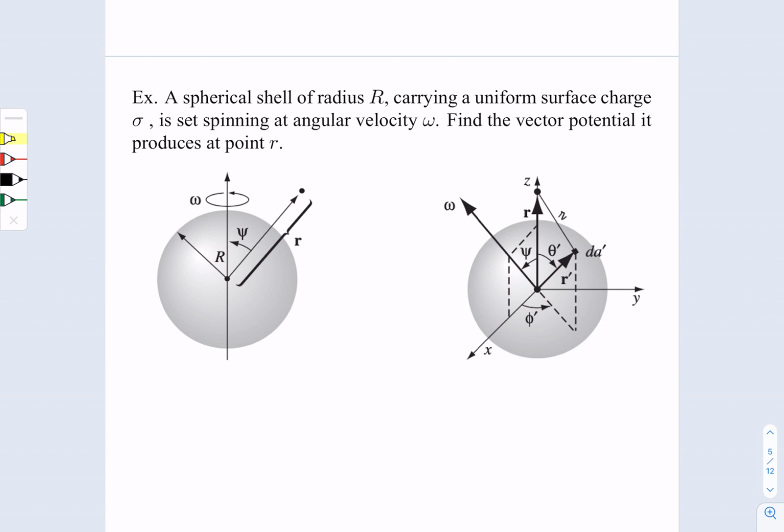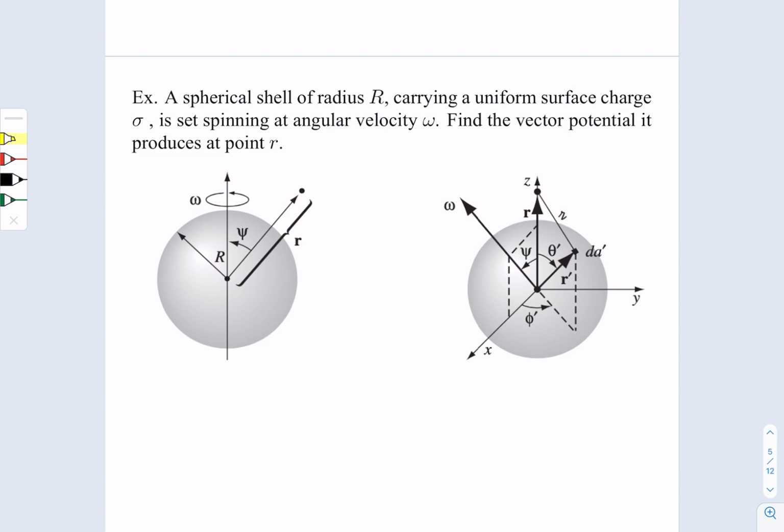Now let's take another look at the example. This example is different from the above one in the sense that here we are considering a rotating spherical shell, so the source is of finite size.